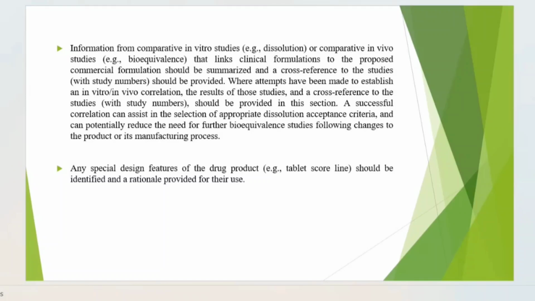So here it is written, a successful correlation can assist in the selection of appropriate dissolution acceptance criteria and can potentially reduce the need for further bioequivalence studies following changes to the product or its manufacturing process.